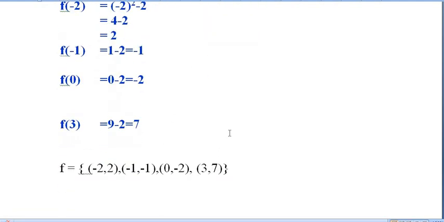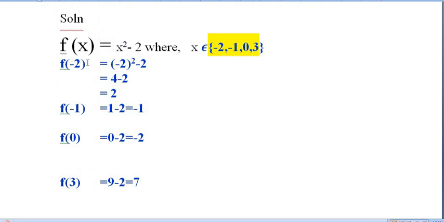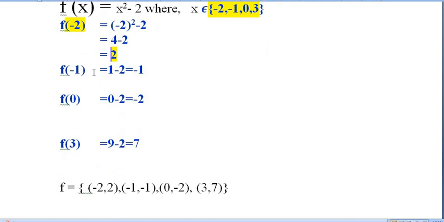So f equal to the set of, so here minus 2, and this also minus 2. And minus 1 here, minus 1. So minus 2, 2 here. The same way minus 1 is here, minus 1 and minus 1.